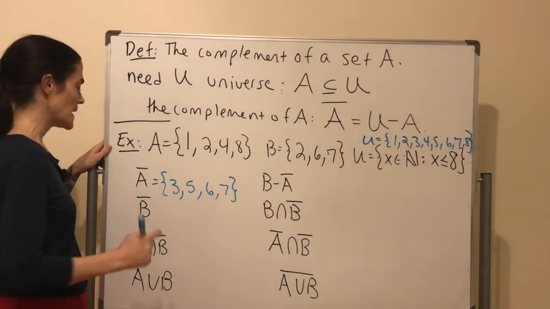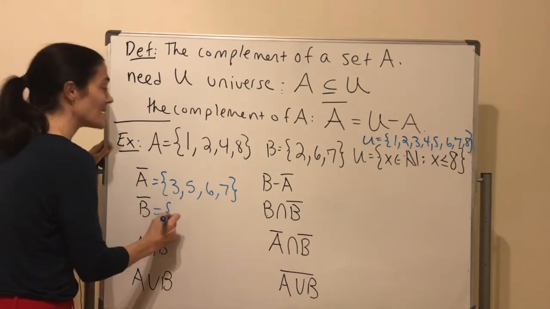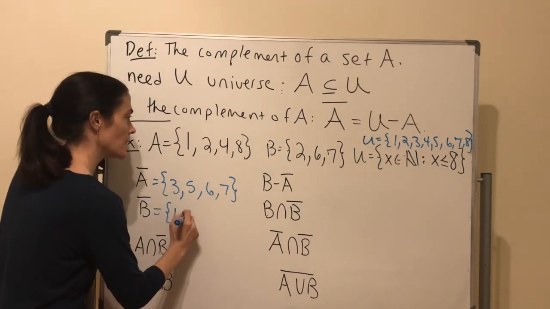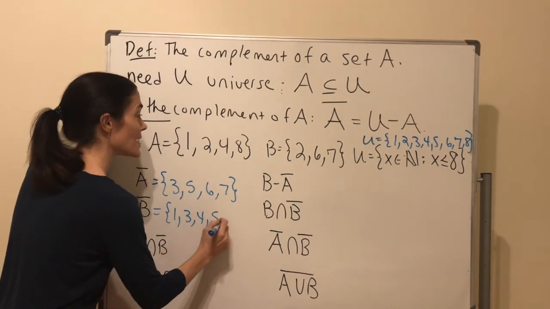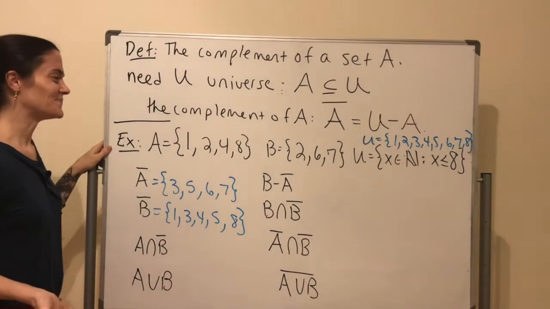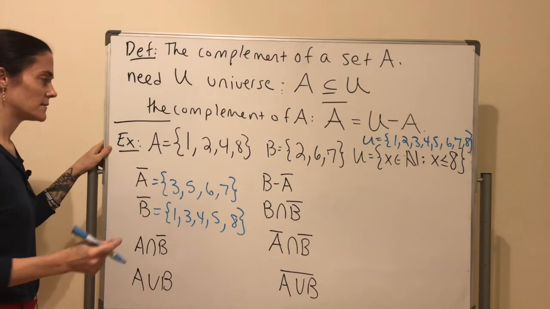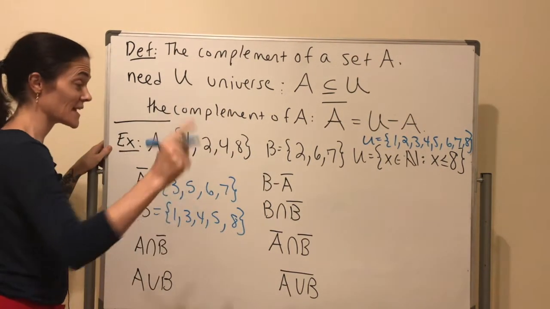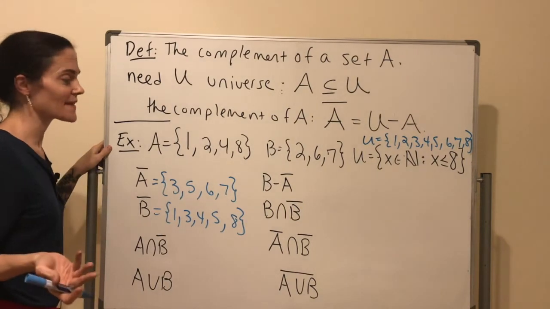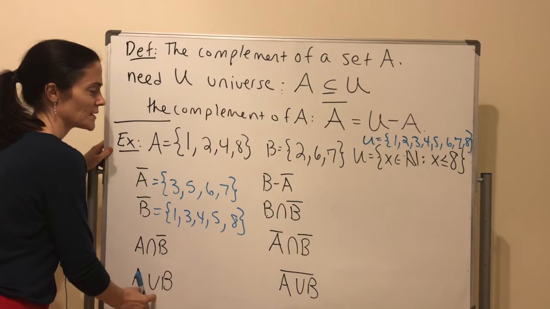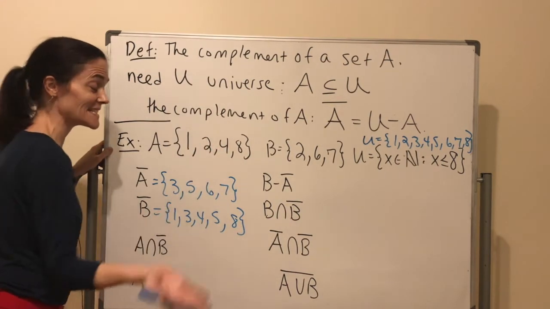B complement is everything that's not in B, so we have 1, 3, 4, 5, and 8. Once we have these 2 and these 2, we can compute the other 6 using the operations we've been thinking about: intersection, union, and set difference.